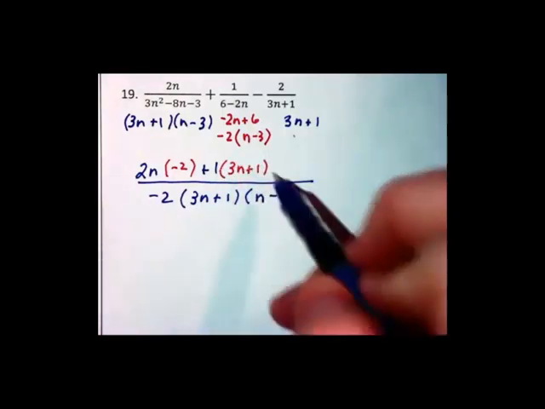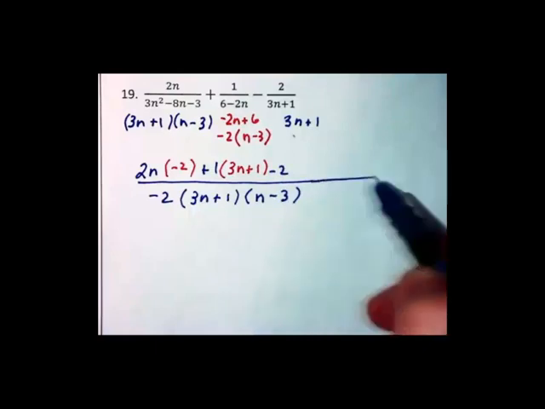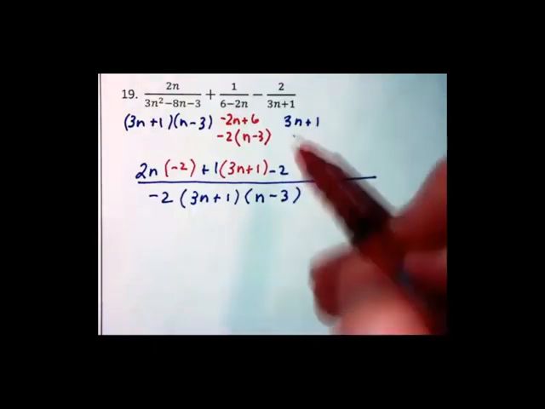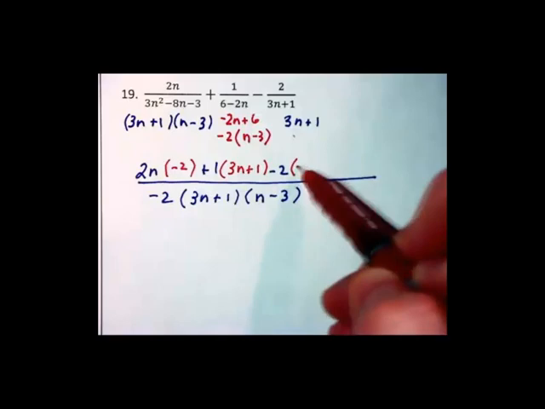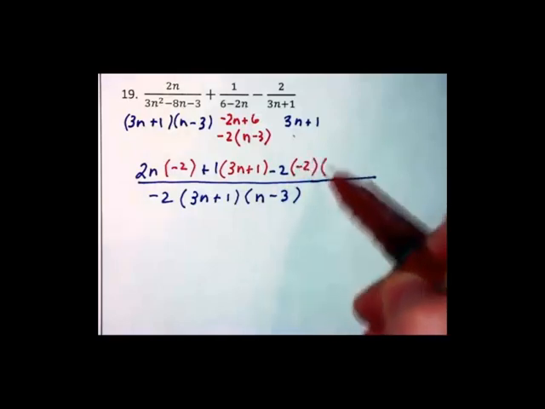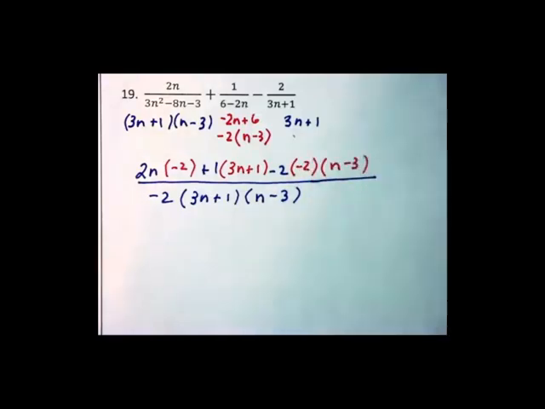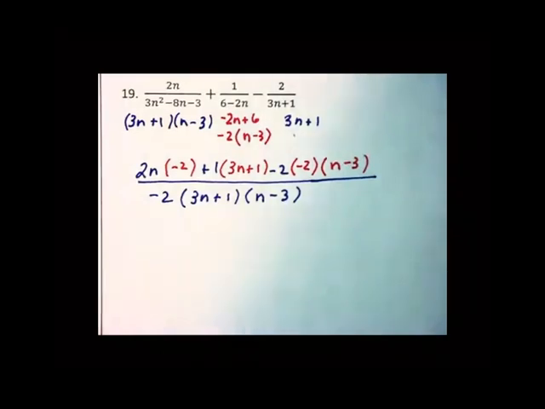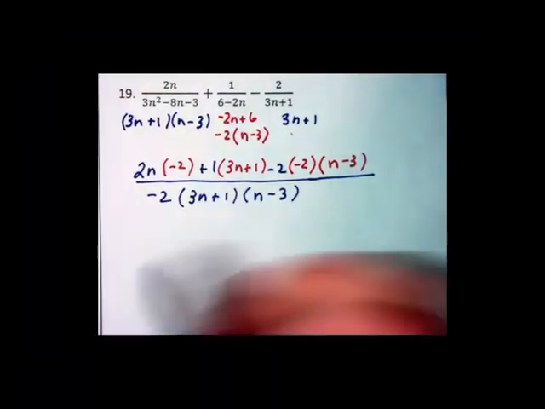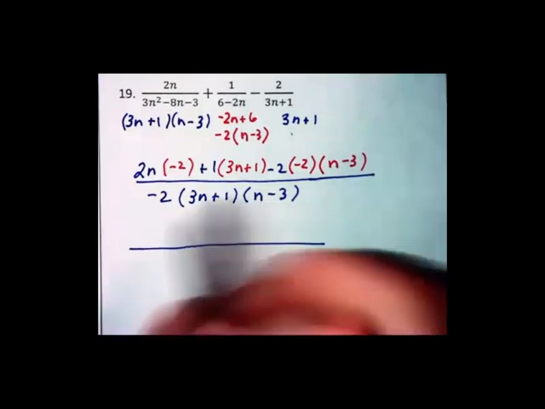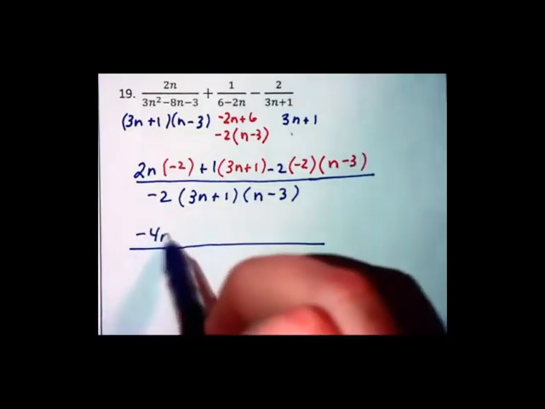And then I've got minus 2 times, and this got multiplied down below by both a minus 2 and an n minus 3. So we're going to be very careful as we do all this multiplication out. Up on the top left, we're going to have minus 4n.